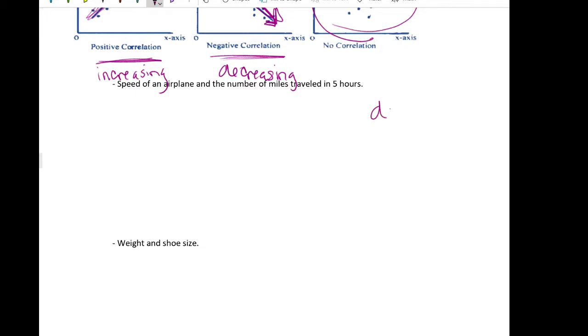Well, just as a sidebar, hopefully last year you worked a little bit with the formula D equals RT. D stands for distance, R is the rate, and T is the time. And we can use this to generate a few points and get an idea of what's happening here.